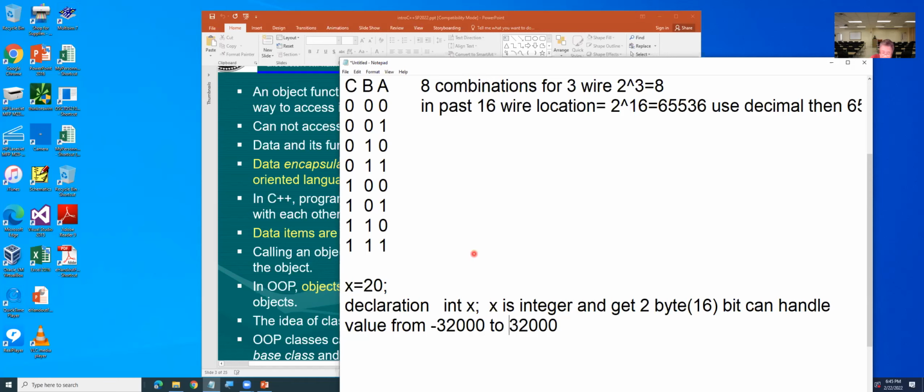Okay, later on, you say X equal 400,000. Then what happens? It will tell you overload. That means the number you want to put into X is too big.